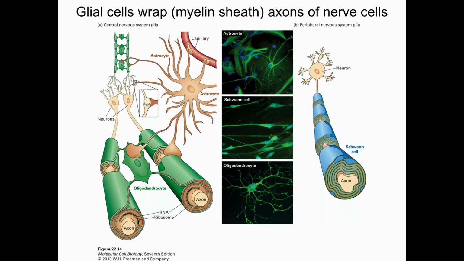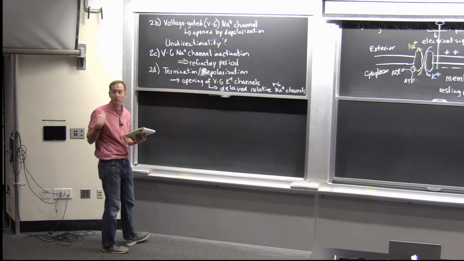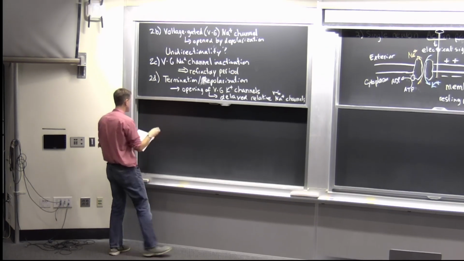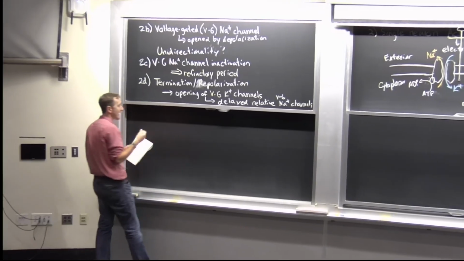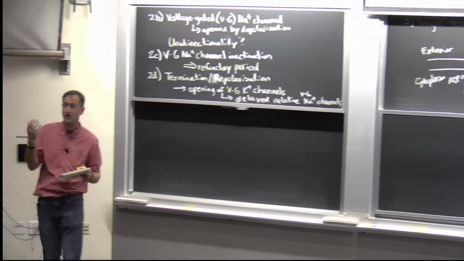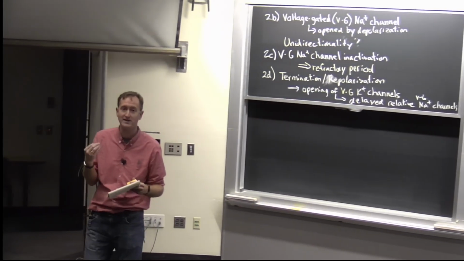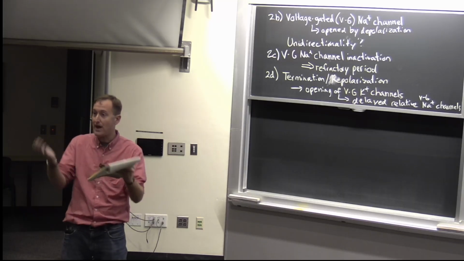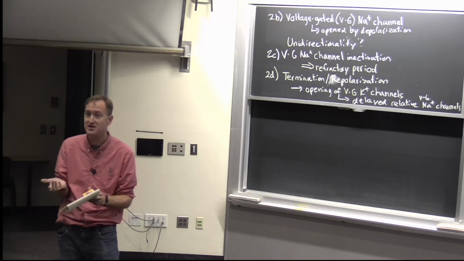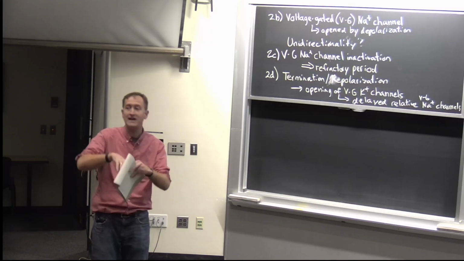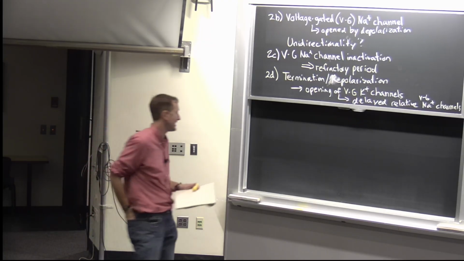And I want to tell you about one process or property of neurons and another helpful cell that enables this to go extremely fast. And that is that there are these glial cells in your body and your brain that wrap around the axons of the neurons and basically function like electrical tape for neurons, okay?